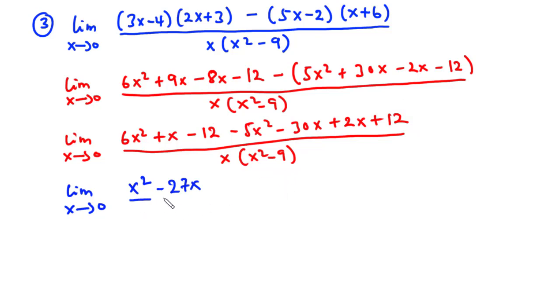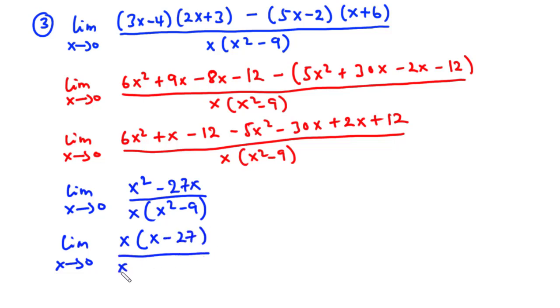So we have that divided by x into bracket x squared minus 9. Now let's factor out x from the numerator. So we have the limit as x approaches 0 of x into bracket x minus 27 divided by x into bracket x squared minus 9.